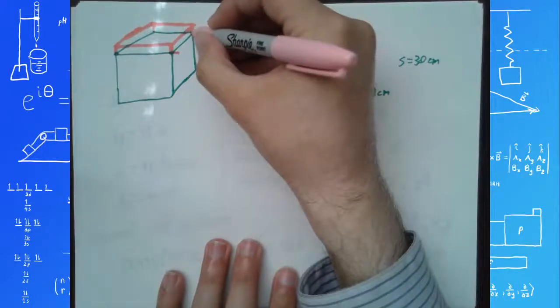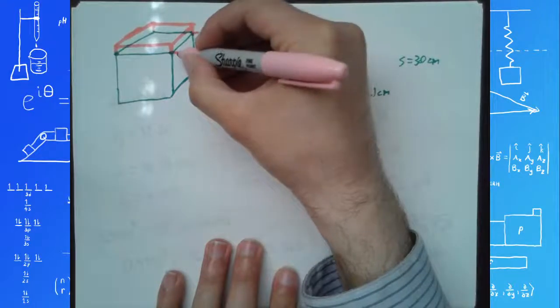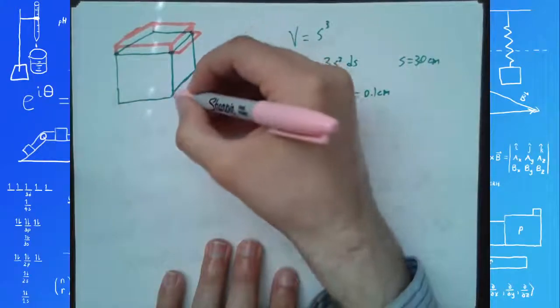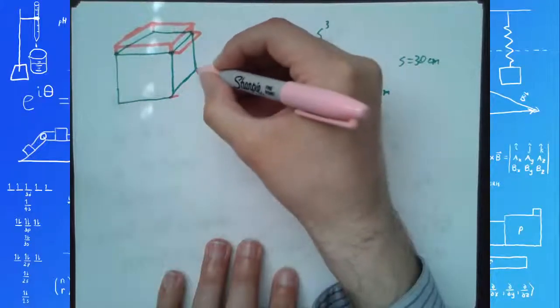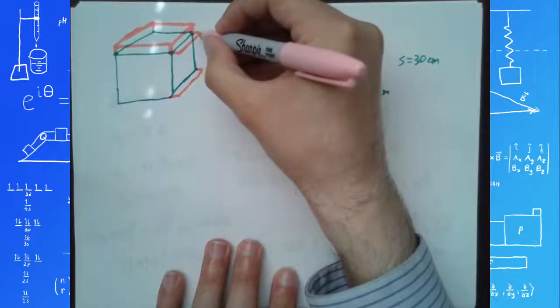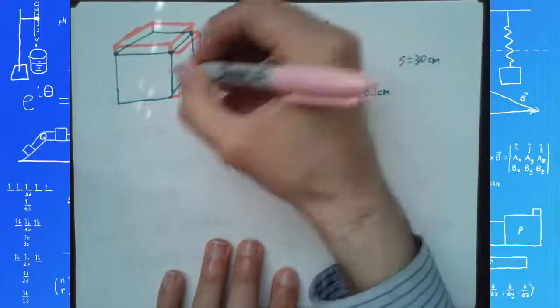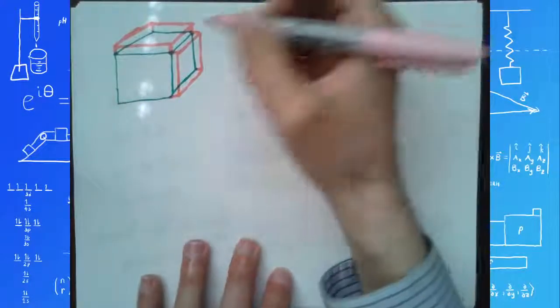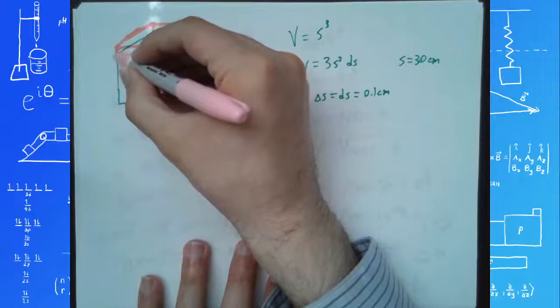So, like so. Let's say I do this again here. Let's go ahead and connect these. So we've added that, and then we'll do it one more time for that front face.